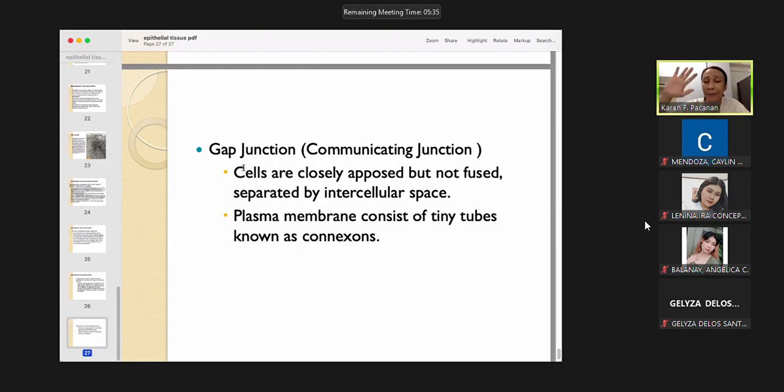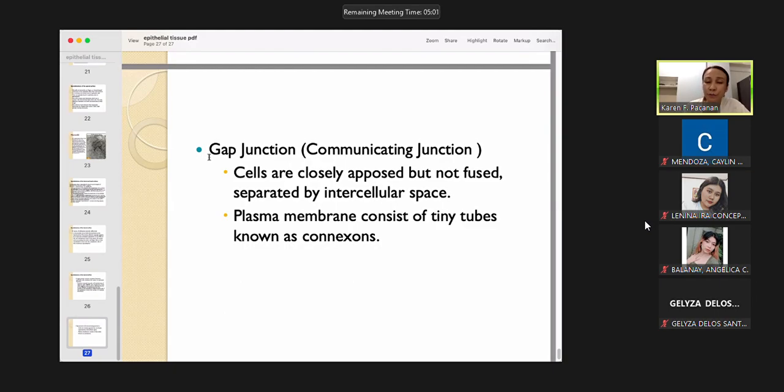The wide gap is filled with proteins. Aside from that, the gap junction consists of tiny tubes known as the connexons. So these connexons would facilitate exchange of substances such as ions and small molecules in between the neighboring cells. So nakakatulong siya. Tube siya para magkaroon ng exchange of substances between the neighboring cells found at the gap junction.